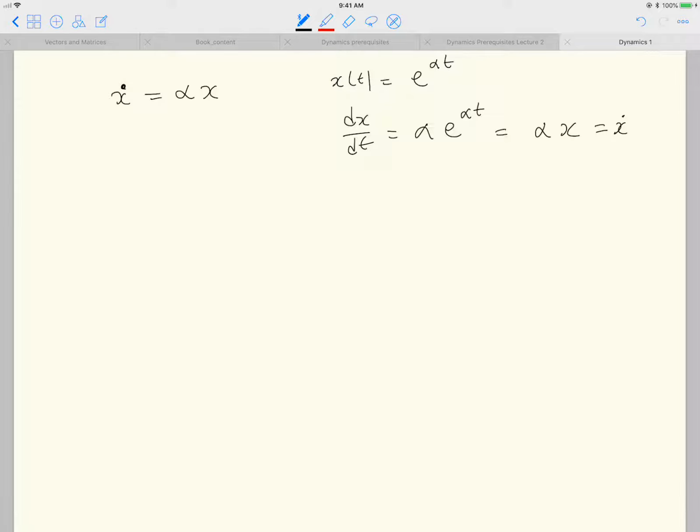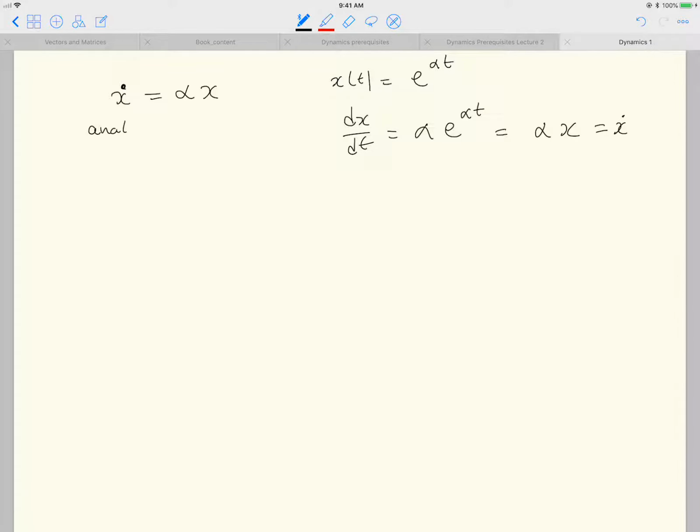And this is the one that everything is going to boil down into: x dot equals alpha x, with some constant times e to the alpha t being the solution. So the thing on the bottom, I'm going to rewrite that.